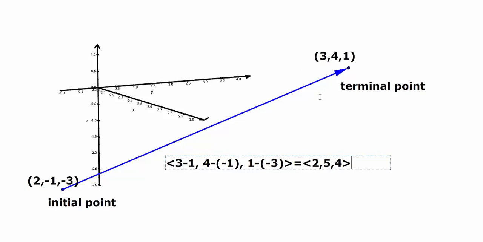Now say we would like to have a unit vector in this direction. All we got to do is take the magnitude of this vector, or length of this line segment in this case, that is that of the vector with components 2, 5, 4. Okay, and so let's look at the length.